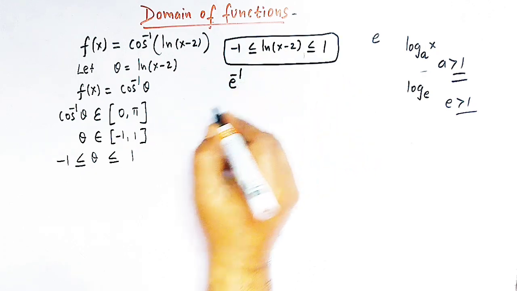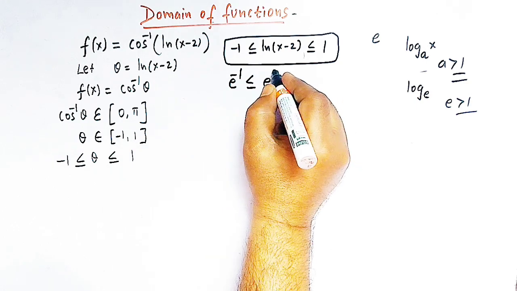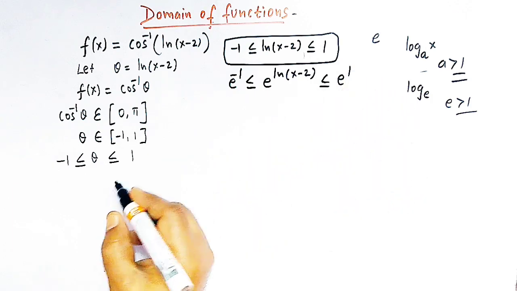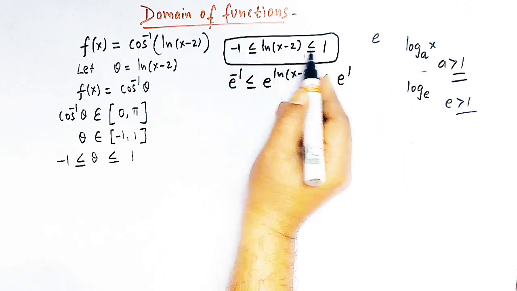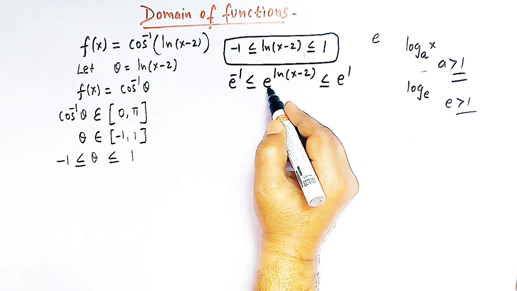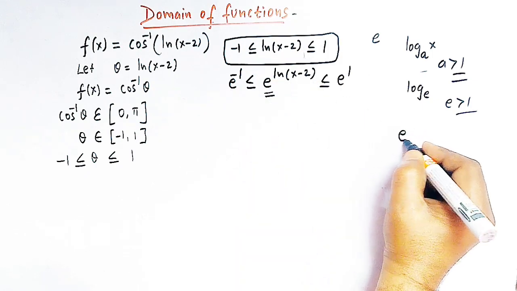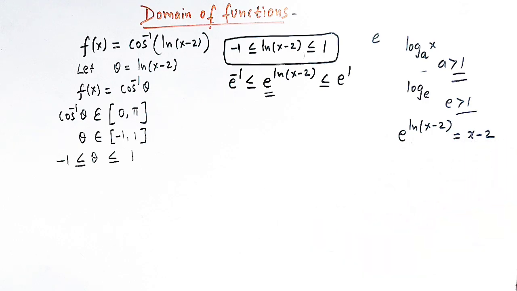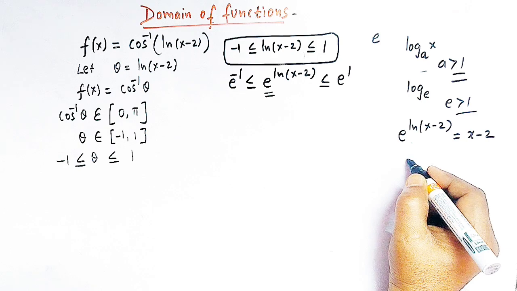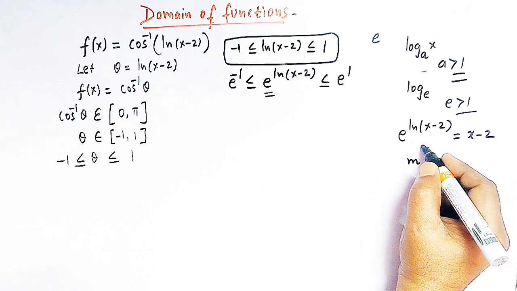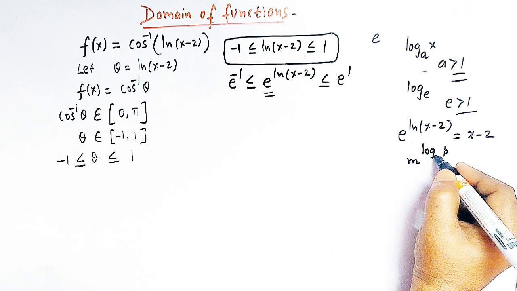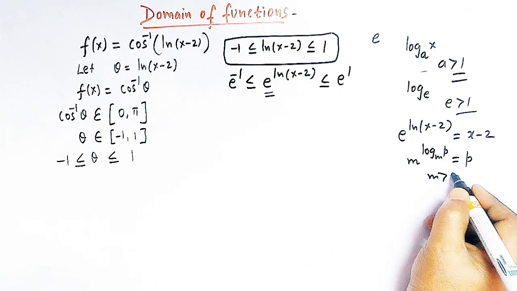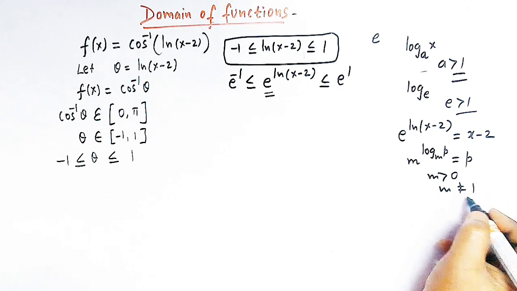So we can now write e raised to minus 1, and here we have e raised to natural log of x minus 2, and here we have e raised to 1. So the purpose of raising these three numbers to the power of e is that this expression, that is e raised to natural log of x minus 2, is equal to x minus 2, because we know this result, that is m raised to log of p to the base m is always equal to p if m is greater than 0 and m is not equal to 1.